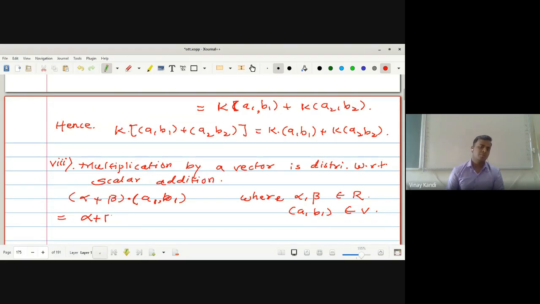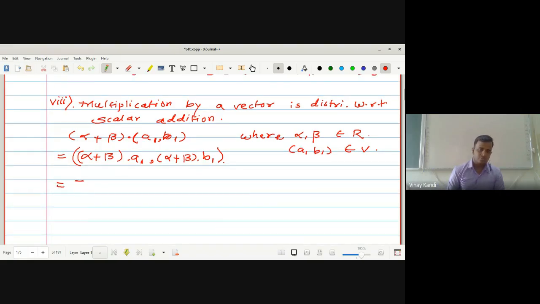So this is alpha plus beta into a1, and alpha plus beta into b1, which is equal to alpha into a1 plus beta into a1, and alpha b1 plus beta b1.